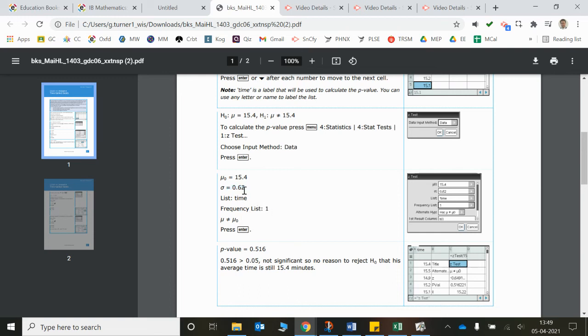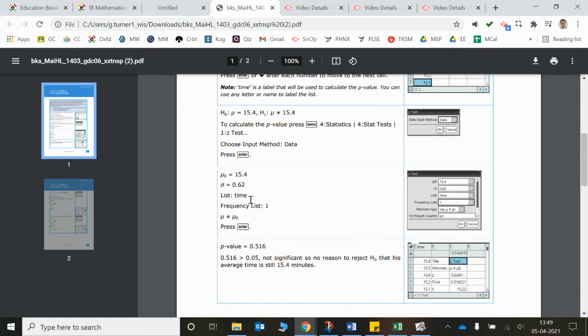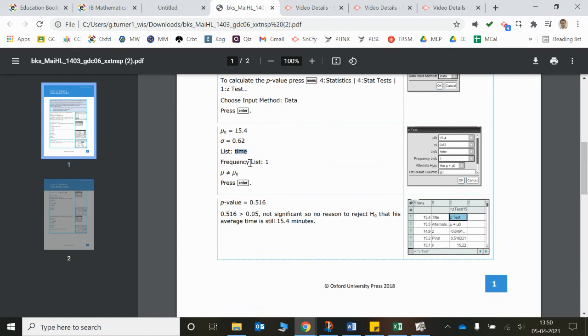So you've essentially given them n because there were 5 entries into that list. And then list, it says time. Not sure why they're choosing time there. They've got frequency, which is 1. And the null hypothesis is a 2-tailed test. Pressing enter, and we're getting out 0.516.